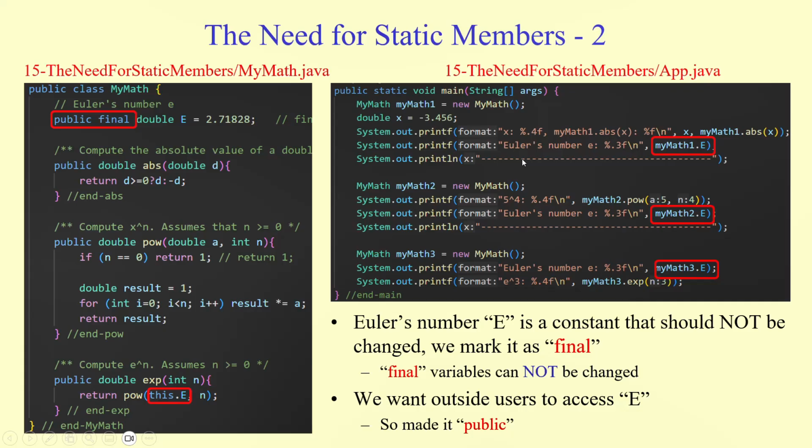But this is just to illustrate that this part of the code may exist in one function, and this is in another part of your code, and this is in another part of your code. What I'm trying to show you here is that anytime you need to make a call to one of these methods or access this constant, you need to instantiate an object. So this is just an example. Don't look at this code and criticize me for it.